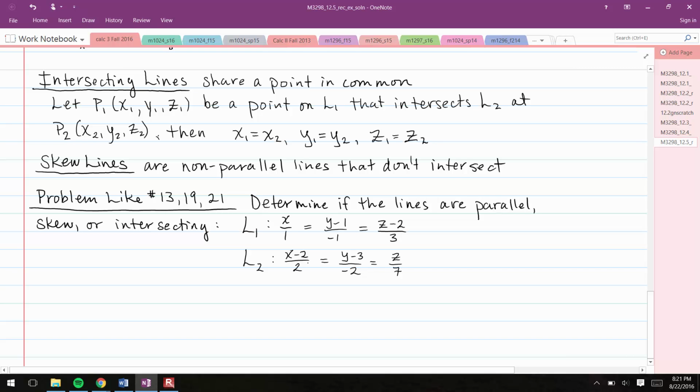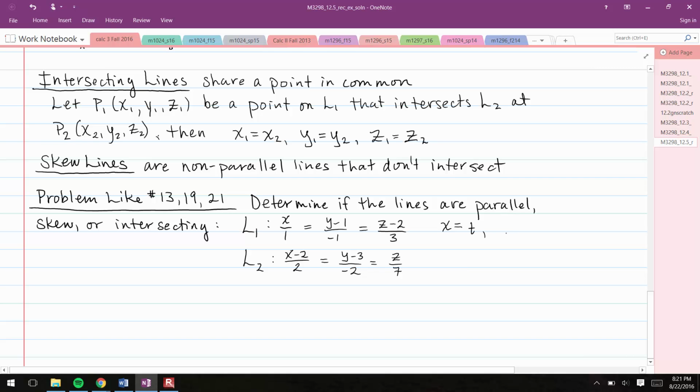For the first one, just a reminder: in the symmetric equations, it's like we eliminated t, and this is the result we got from the parametric equations. To backtrack here, for the x we have x over 1 is equal to t, and of course we don't need that division by 1.